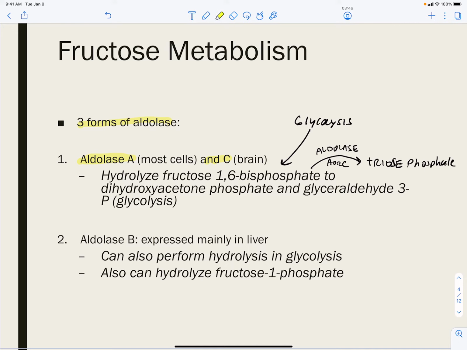Now, aldolase B is expressed mainly in the liver, and this can hydrolyze fructose 1-phosphate. So remember, the liver is going to have aldolase A and aldolase B. Aldolase B can also perform hydrolysis in glycolysis as well, but it is going to be very important for metabolism of fructose.